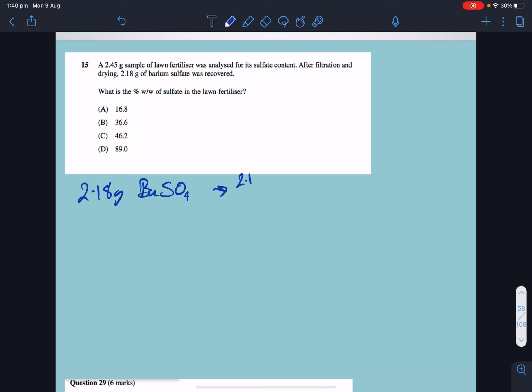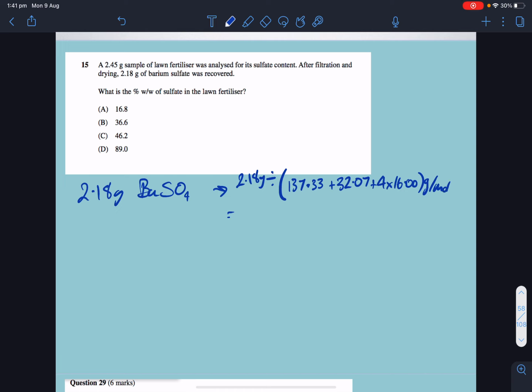So 2.18 grams divided by the molar mass of barium sulfate. Barium mass is 137.33 grams per mole, and we've got one sulfur, which is 32.07 grams per mole, and 4 oxygens, and they're each 16.00 grams per mole.